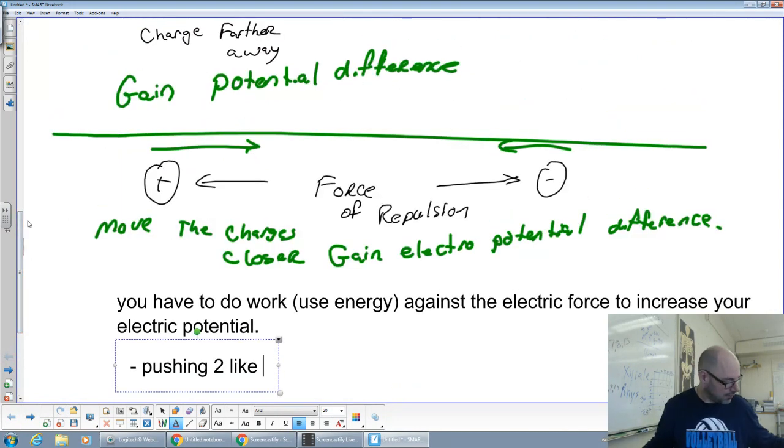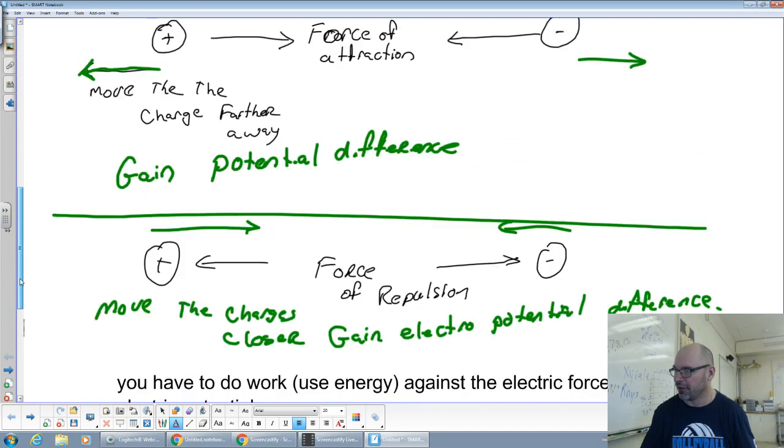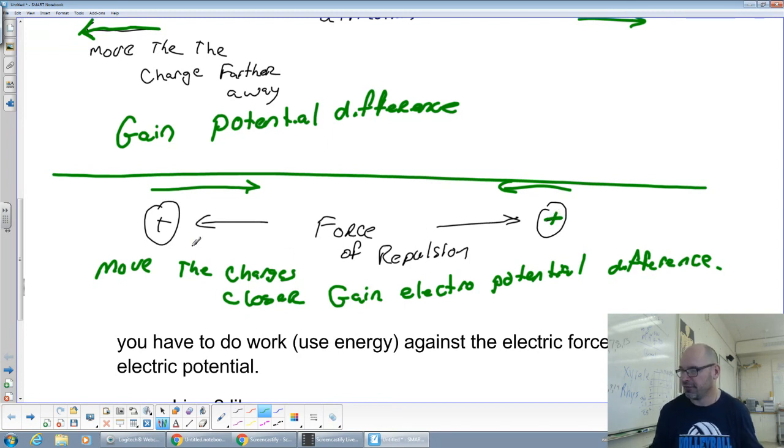Whoops. This is supposed to be both positive here, guys. I did a positive, negative on both of them. This one's supposed to be positive, positive, right? Two like charges closer together. We did two different ones already.